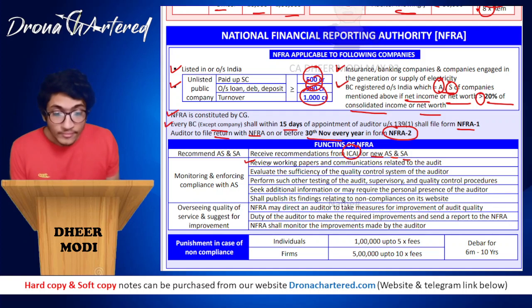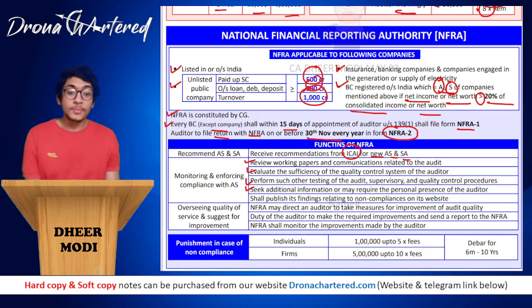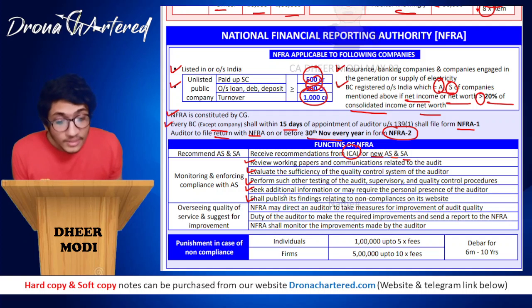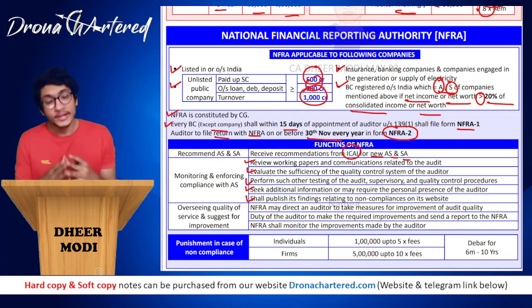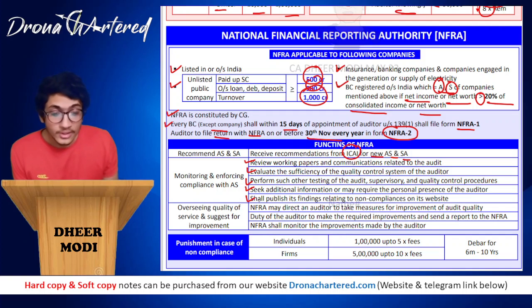So that is to review working papers and communications, evaluate sufficiency of quality control systems of the auditor, perform such other testing of the audit supervisory and quality control procedures, seek additional information or may require the personal presence of the auditor, and shall publish its findings relating to non-compliance on its website. Any non-compliance that is found, it can publish on its website also. Okay, so it is a shall, it is not can, it will publish.